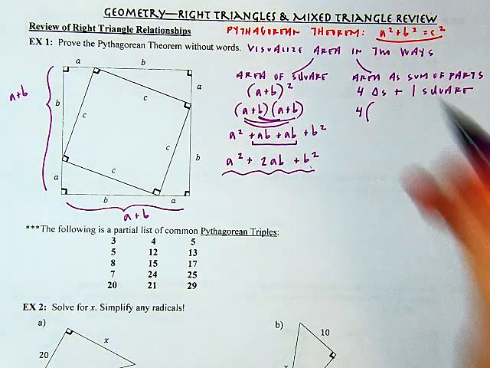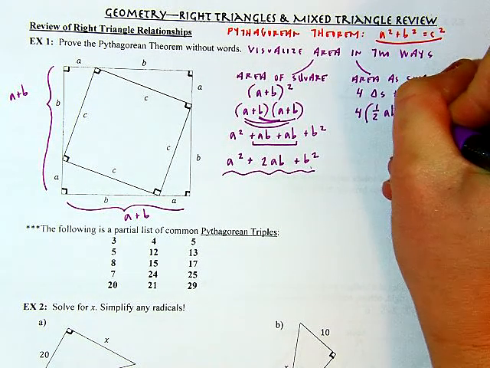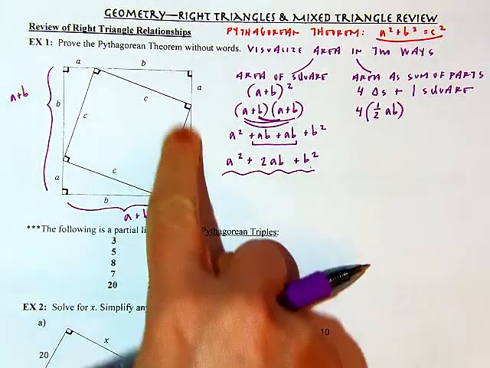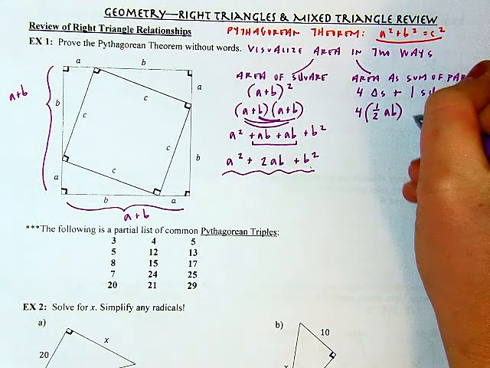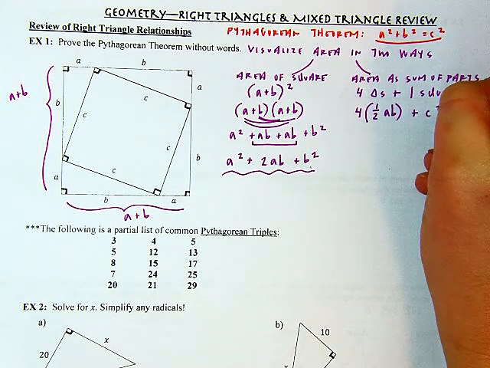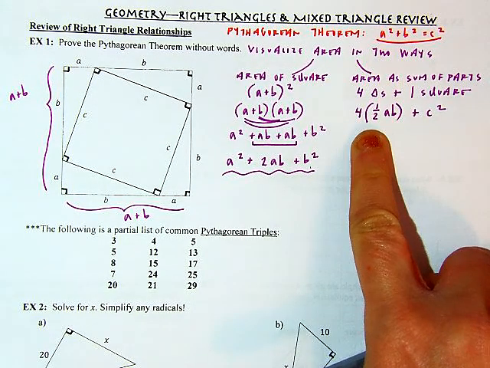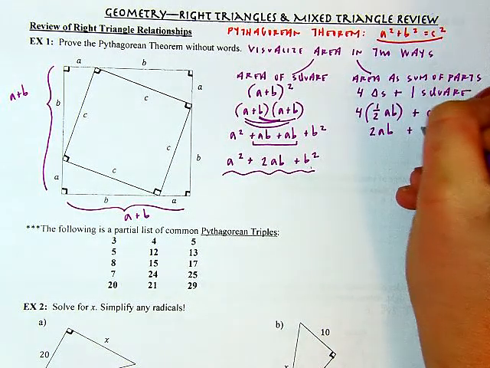All right, so here we're saying half base times height. Base and height are A and B. Okay, and then my square here, all of the sides are C, so C times C is C squared. So now if I simplify here, 4 times 1/2 is 2, so 2AB plus C squared.